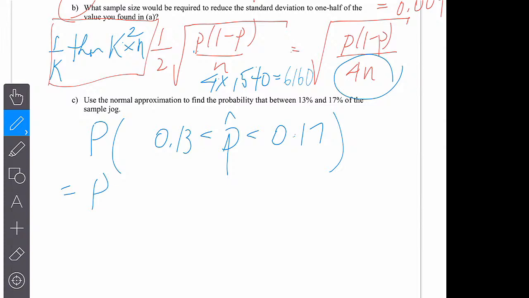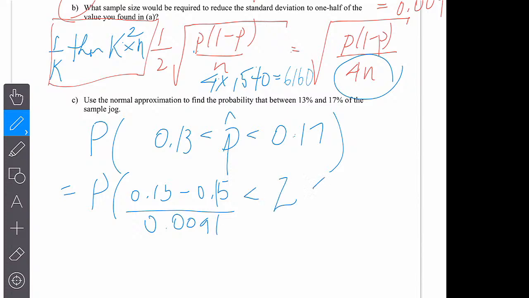So the probability would change to 0.13 minus 15% divided by 0.0091. That turns P hat into a Z, and then 0.17 minus 0.15 divided by 0.0091. That's it. Simplify and then use your tables.